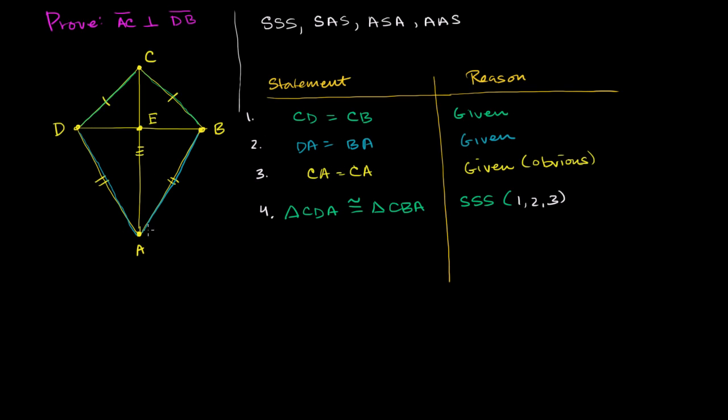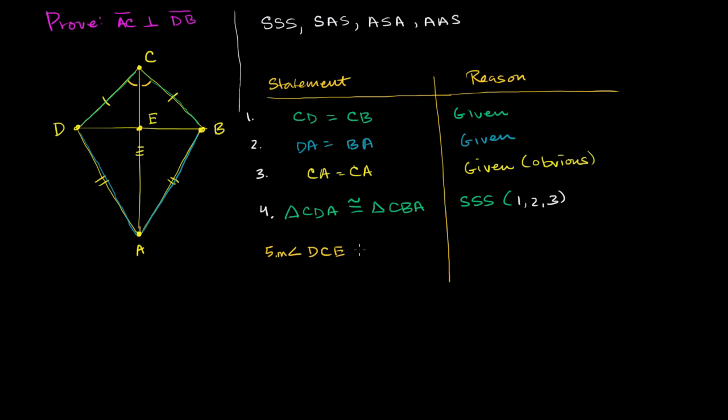And then if these are congruent, then we know, for example, that all of their corresponding angles are equivalent. So for example, this angle is going to be equal to that angle. So let's make that statement right over there. This is going to be statement 5. We know that angle DCE, that's this angle right over here, is going to have the same measure, or we can even say they're congruent.